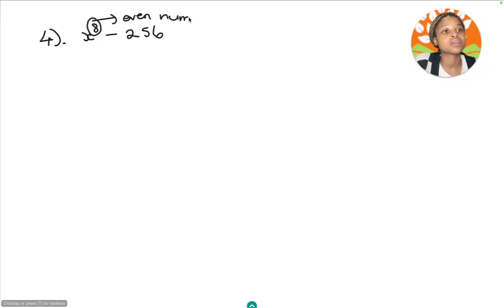So if it's an even number, it's still a difference of squares. I know you're probably used to a 2 there, but in this case we've got an 8. It's still an even number, so we can actually still factorize.